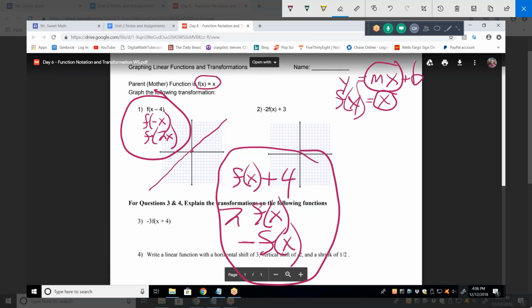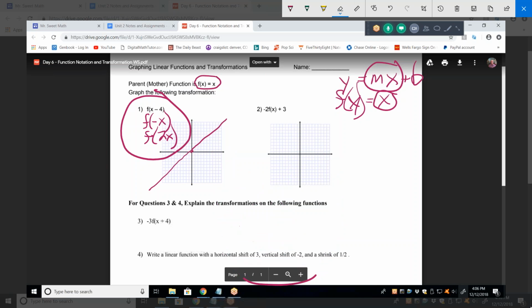Because we know what we're looking at, x minus 4 is inside the function, so we know it's horizontal. Now, there are 3 horizontal things you can do.